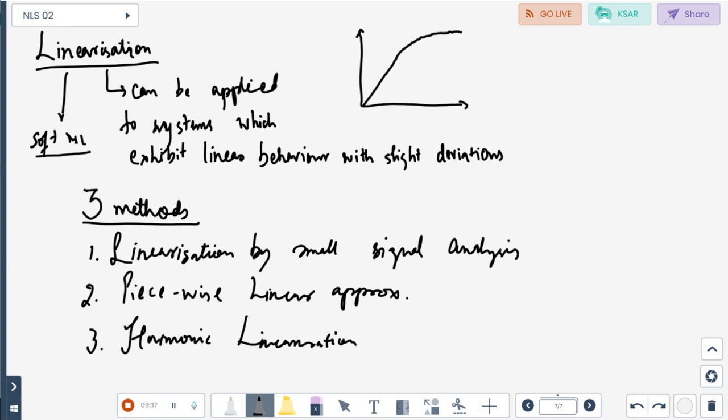So we'll again be looking at this harmonic linearization, how a frequency response that we have already studied in linear systems can be applied for approximate solutions of nonlinear systems. We'll be seeing this in describing function methods.